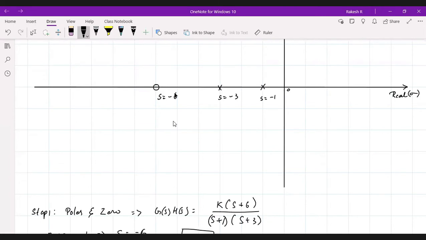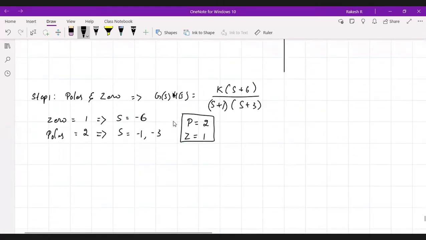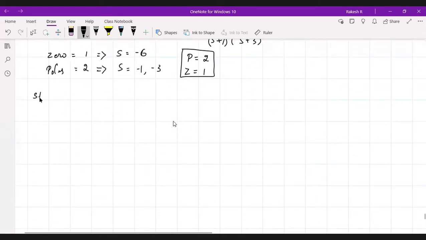The next step is to find the number of branches and their direction. Step 2 is to find the number of branches and their direction. How can I find the number of branches here?